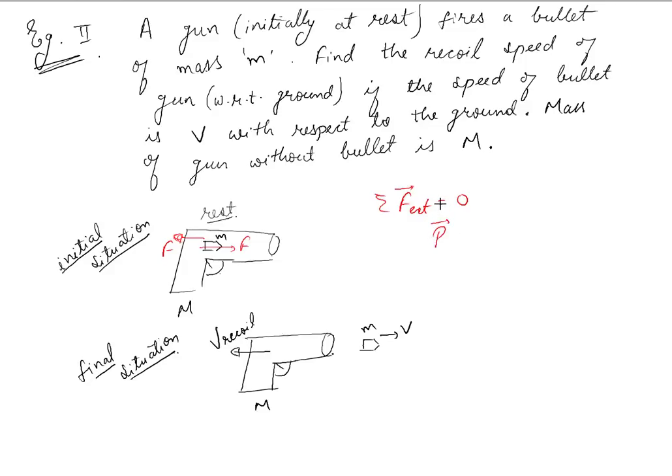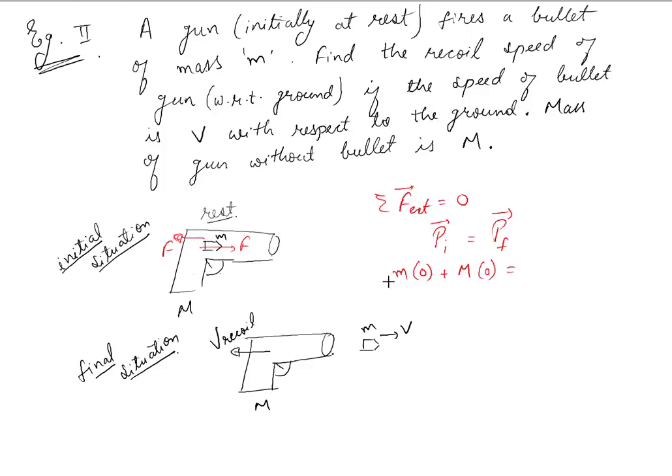Since the summation of external forces is equal to 0, the initial momentum of the system will be equal to the final momentum of the system. In the initial situation both bullet and the gun are at rest, so the initial momentum of bullet is mass into its speed, which is equal to 0, and the initial momentum of this gun is equal to mass of gun into its speed, which is also equal to 0.